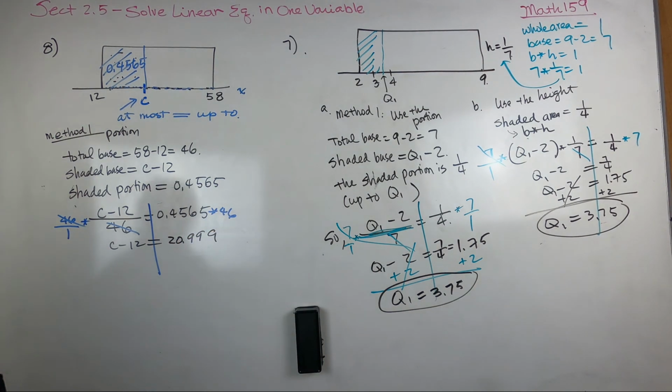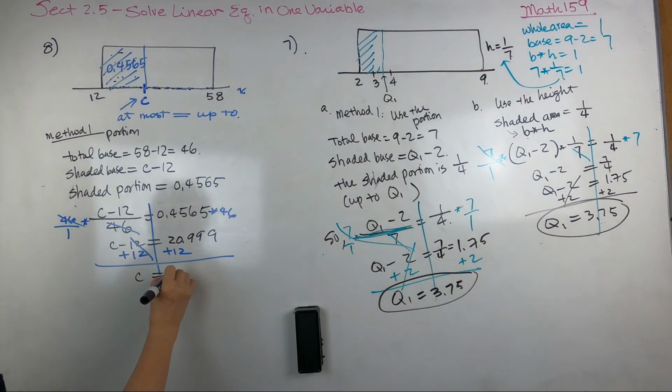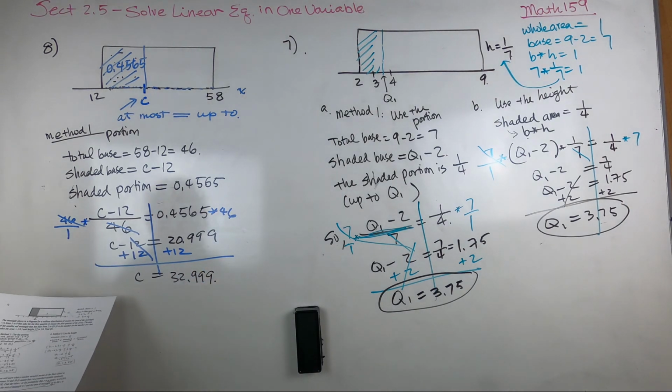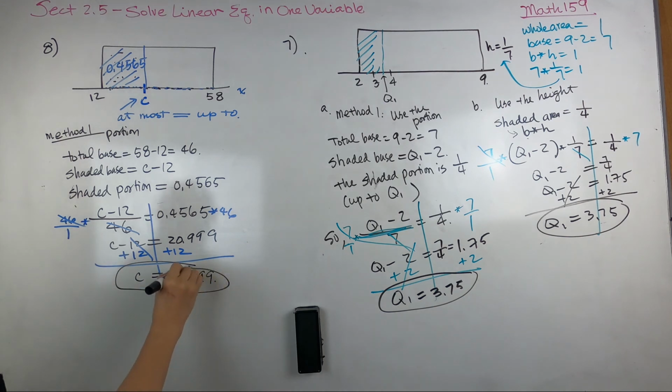To find c, you add the 12 on both sides, so you get the variable by itself, 32.999. Okay, so that would be your c, the answer.